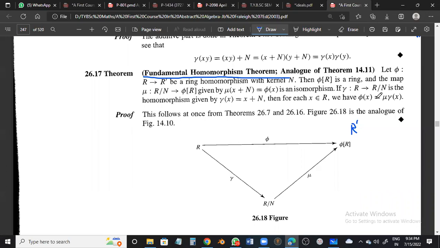Gamma of X is going to produce X plus N, and mu operates on X plus N, giving back phi of X. So what they want to say is phi is nothing but the composite map mu circle gamma. This is the actual meaning of the fundamental homomorphism theorem. I repeat, phi is simply the composite function mu circle gamma. Is it okay?